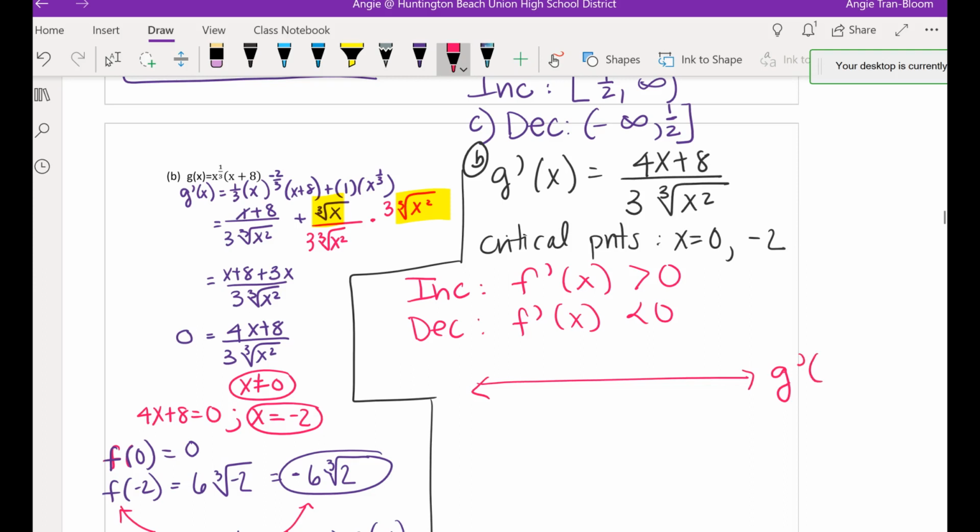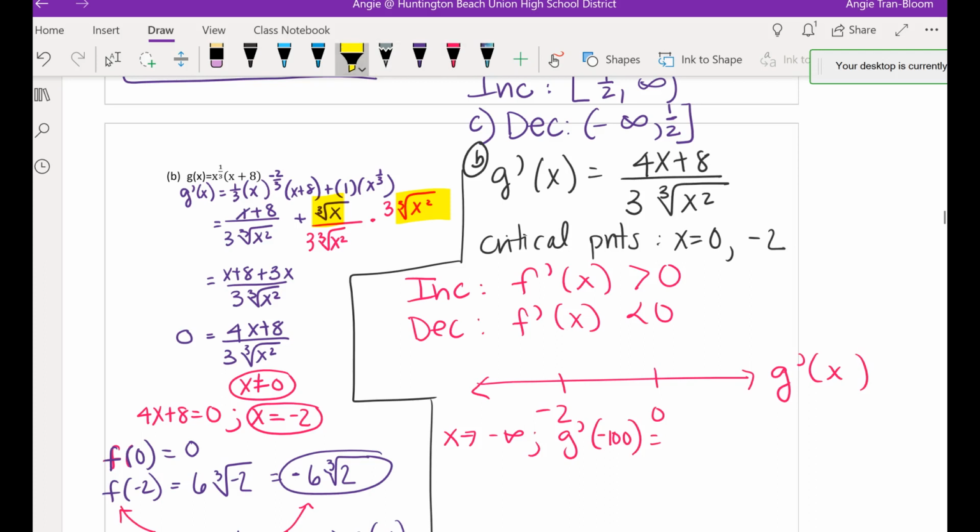In this case, I'm using G prime. All I'm interested in is just negative and positive. So we're just going to pick points and tests. Let's do the endpoints first because those are always easy. As x approaches negative infinity, G prime of something like negative 100, positive, negative.